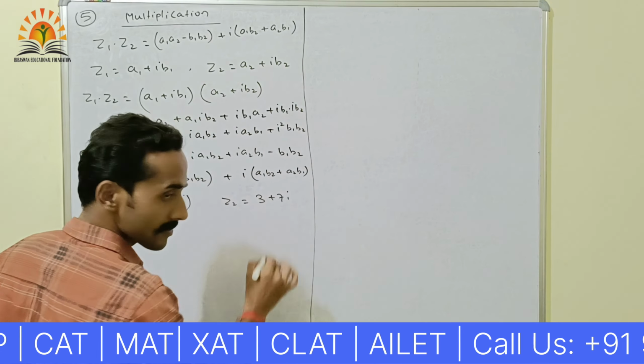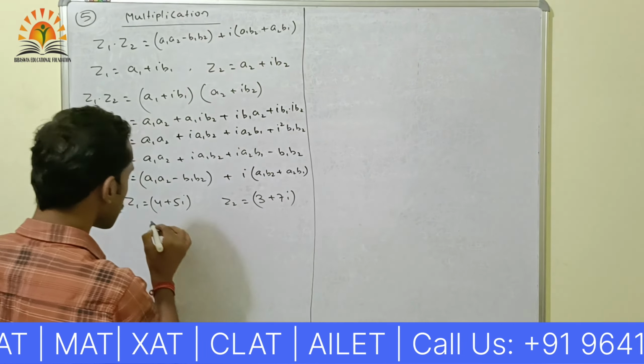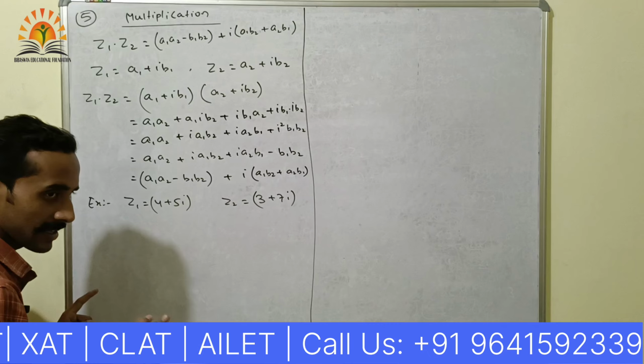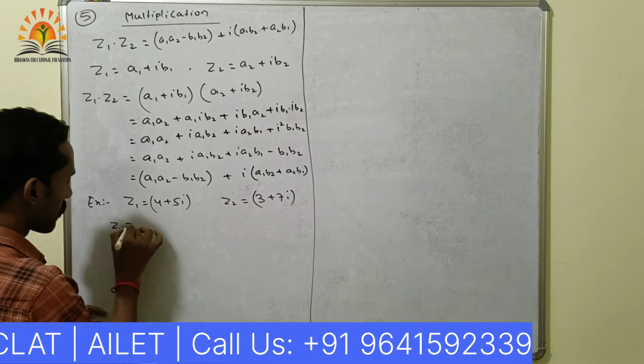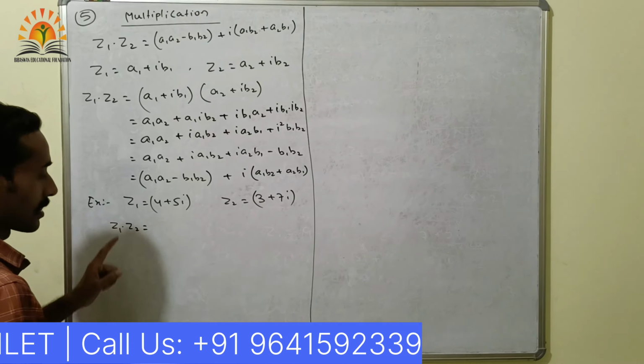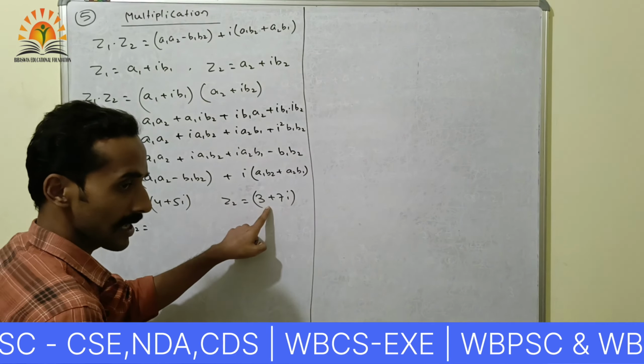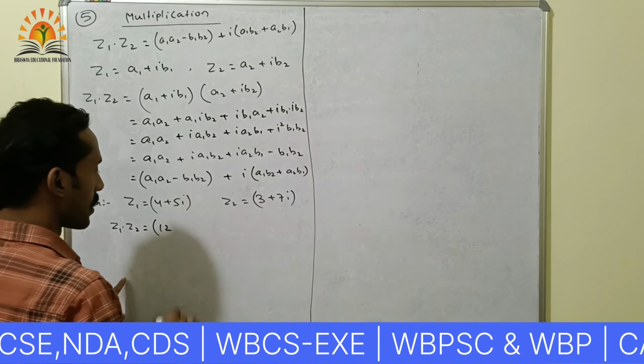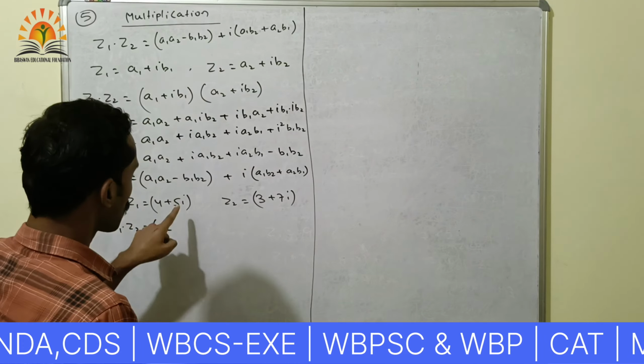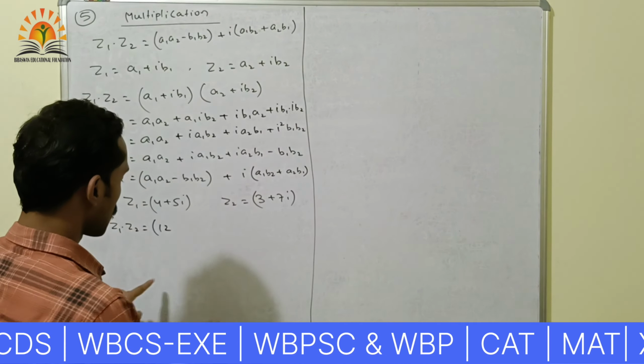Now here what is the value of A1, A2? You know everything. Now you have to multiply Z1 and Z2. According to this, A1, A2, 4 threes are 12, minus B1, B2, 5 sevens are 35.